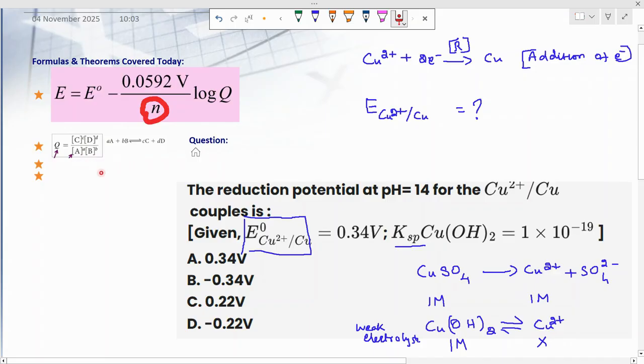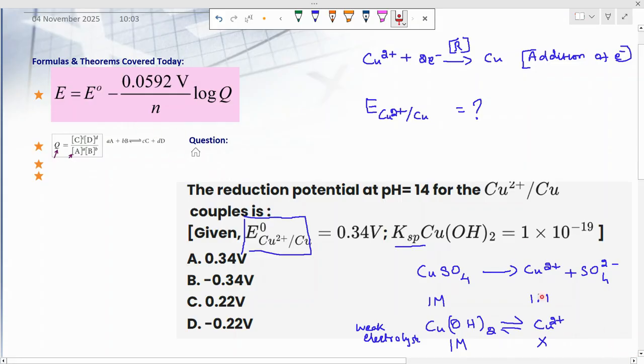It's like the equilibrium constant, but not at equilibrium condition. So Q is equal to product concentration divided by reactant concentration. In this case, the product concentration to the power of the mole coefficient of the corresponding product, divided by the reactant concentration to the power of the reactant mole coefficient. Okay, let us check what they are asking.